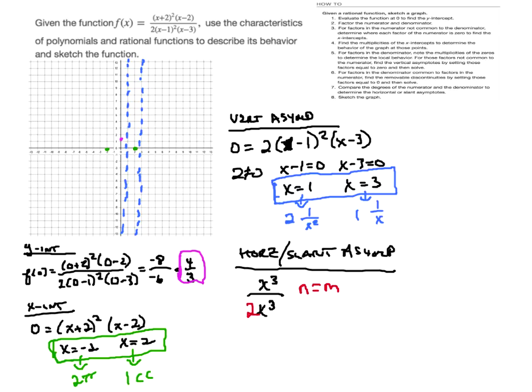So, because n equals m, that's going to be a 2x cubed down there for my leading term. Because n equals m, I have a horizontal asymptote at y equals the leading coefficient of my numerator divided by the leading coefficient of my denominator. y equals 1/2. So I have a horizontal asymptote coming through here between 0 and 1 in y.